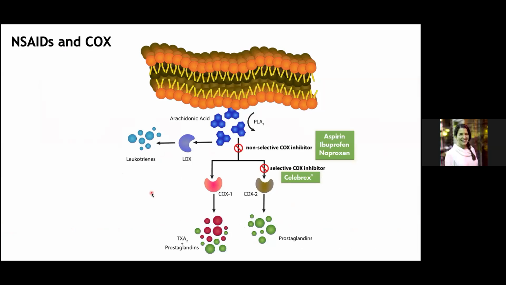Some of these NSAIDs include aspirin and ibuprofen, which are common over-the-counter drugs we're all familiar with, and they are non-selective COX inhibitors. An anti-inflammatory intervention is a double-edged sword. So for example, we have therapeutic treatments that may reduce the toxic effects and symptoms such as pain of the inflammatory response, but they may compromise the effective host's protection from the infection.